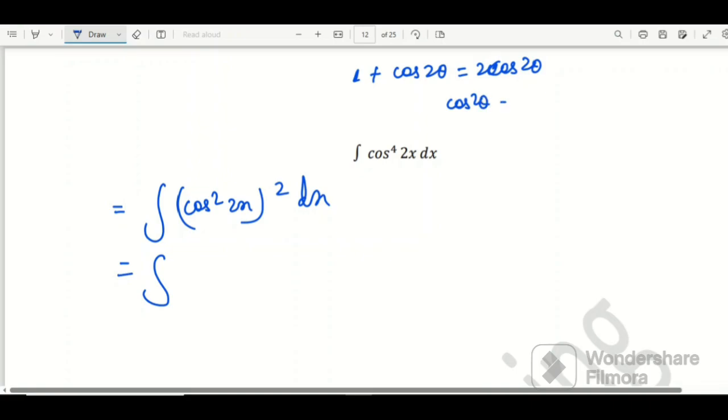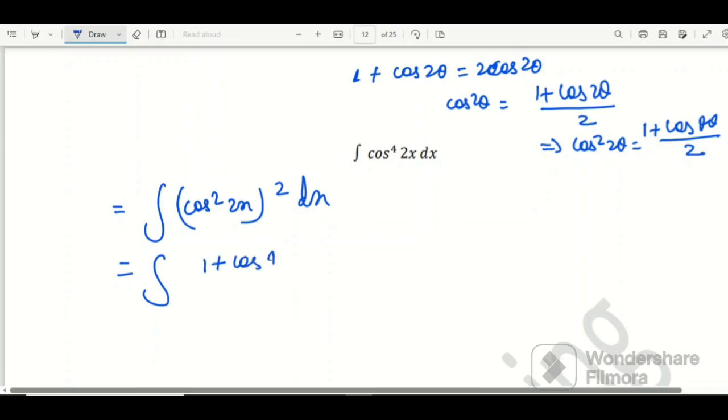Cos square theta is equal to 1 plus cos 2 theta upon 2, so cos square 2 theta equals 1 plus cos 4 theta upon 2. So I'll replace cos square 2x by 1 plus cos 4x upon 2 dx.